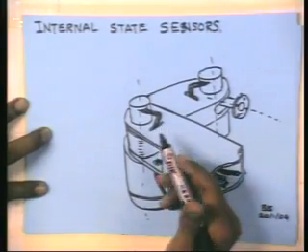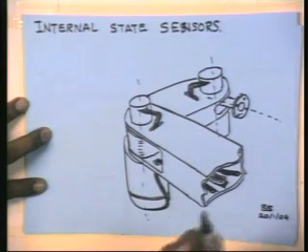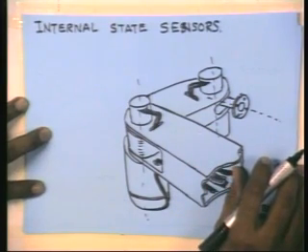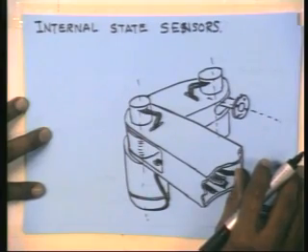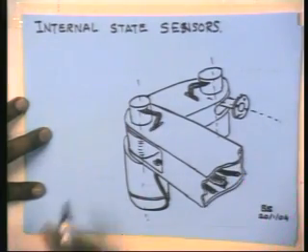Now if you were using stepper motors to drive these joints, it's quite possible that you don't require sensing. You can say you started out from a home position and then you have moved 100 steps, each amounting to, let's say, 0.9 degrees, then you know that you have moved 90 degrees.